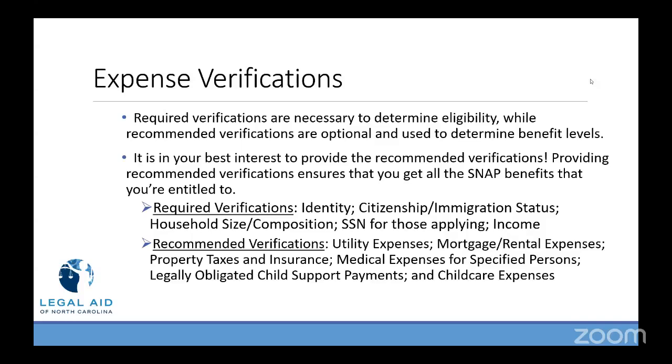Also mortgage or rental expenses, proof of property taxes and insurance, out-of-pocket medical expenses for older individuals or people with disabilities, child support payments that someone in the household pays for a child who is not in that household, and childcare expenses that are incurred for someone in the household to work. Those are all expenses that DSS will take into account when determining a household SNAP amount.